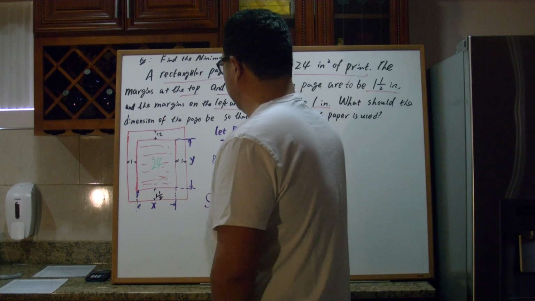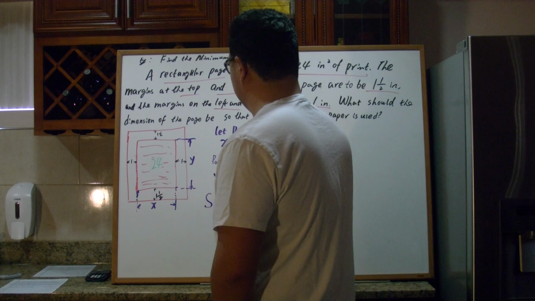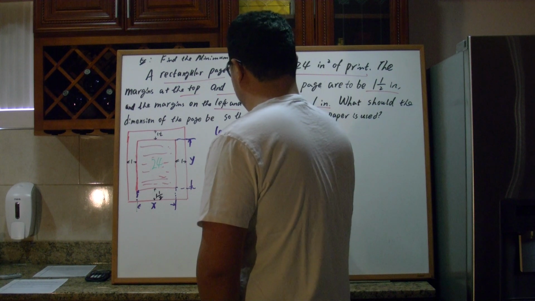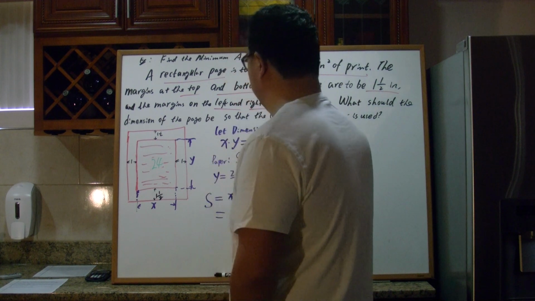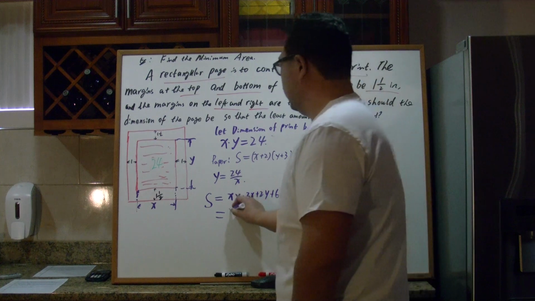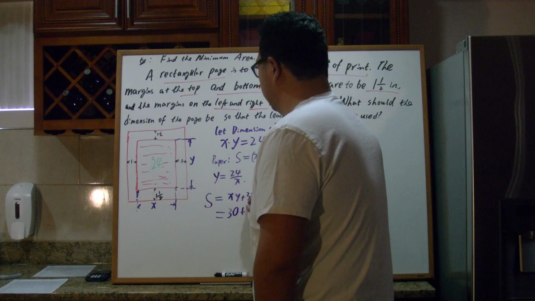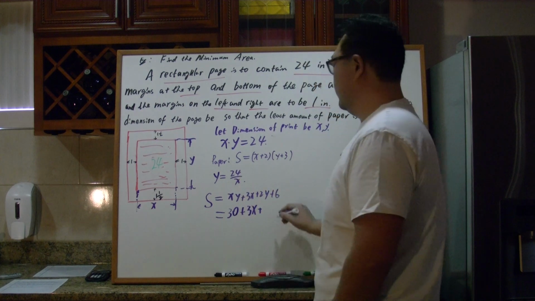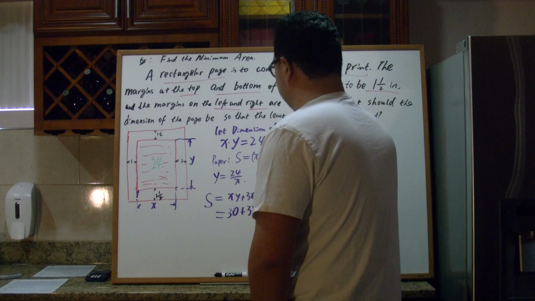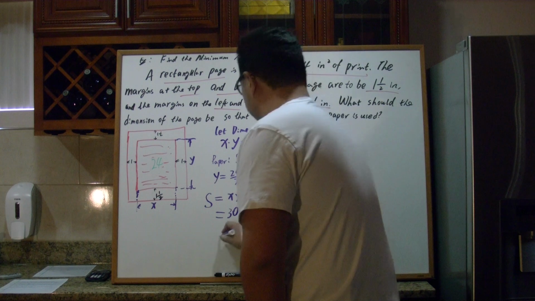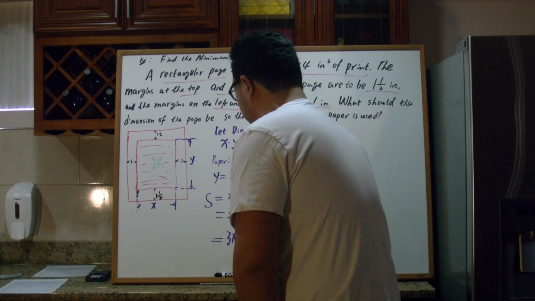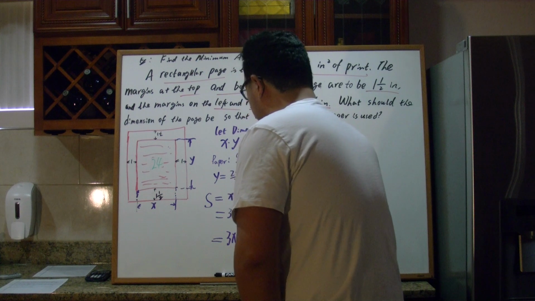The area we use is xy plus 3x plus 2y plus 6, where xy is 24, that is 30 plus 3x plus 2 times 24 over x, so 3x plus 48 over x plus 30.